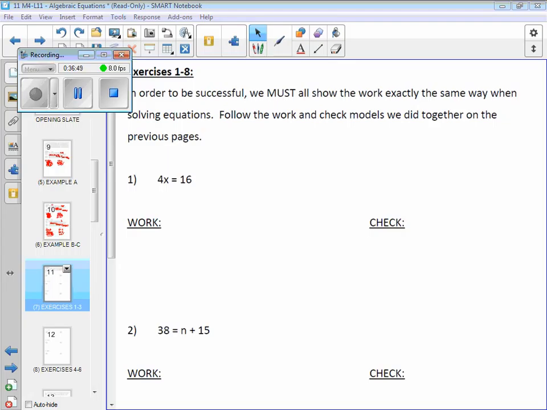All you're going to do is go right to it. Say to yourself which side has the variable, which is left. What are you doing to the variable? So you're going to do the opposite. You've got to show the actual work steps without having to write it out verbally like you did in the examples. That I will allow you to skip. But the work has to be shown the same way.